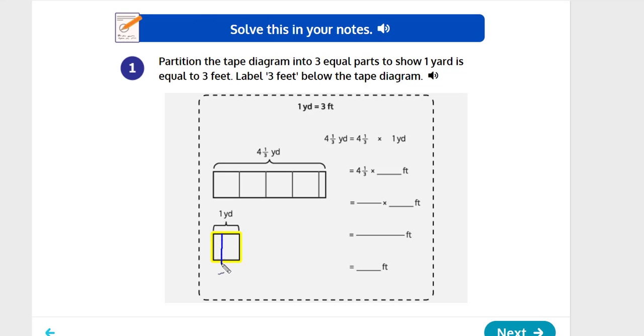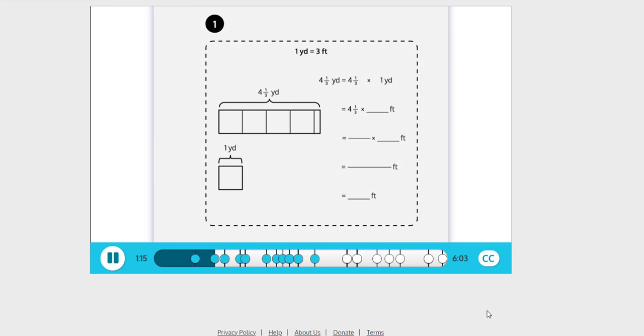You're just drawing 2 lines, and now it's in 3 feet. Then write 3 feet. I'll partition this tape diagram into 3 equal parts and label 3 feet here. 1 yard is equivalent to 3 feet. Check your work.